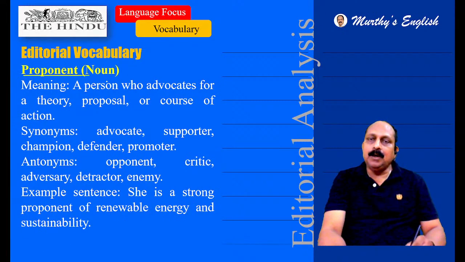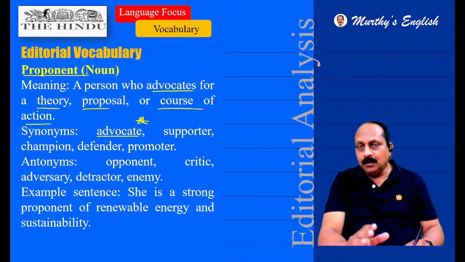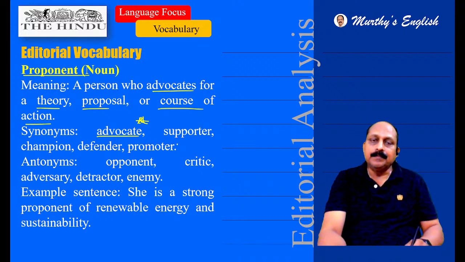Proponent, part of speech noun, it goes with a person. A person who advocates, advances, supports a theory, proposal, or course of action. Synonyms: advocate. Here, advocate is like a noun, but that lawyer, attorney, a different meaning. Supporter, champion, defender, promoter. All simple words.